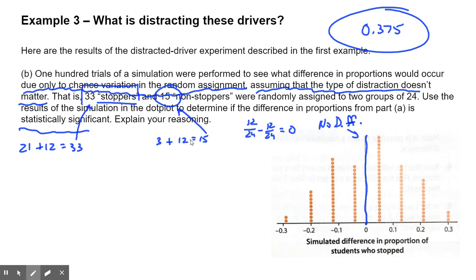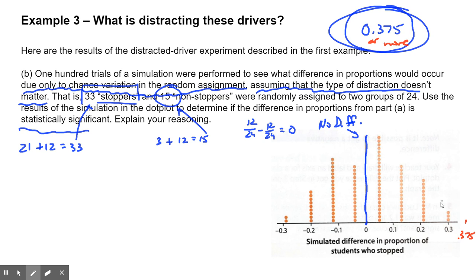Explain your reasoning. So the first thing is we focus on the 0.375, and if we want a difference, it's 0.375 or more, right? There's a direction, or more, because more would just emphasize more of a difference. So where is 0.375? Well, if this is 0.3, 0.375 is like over there.